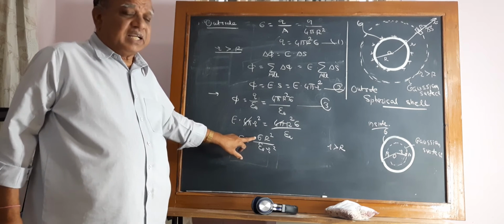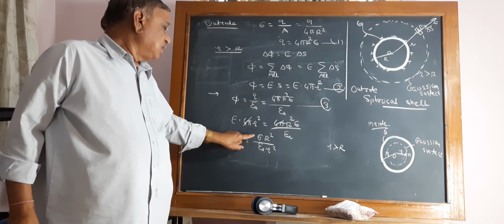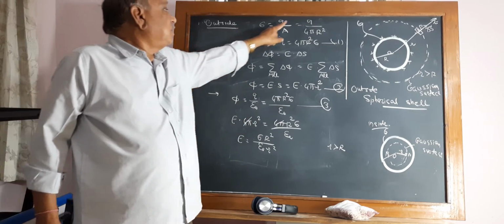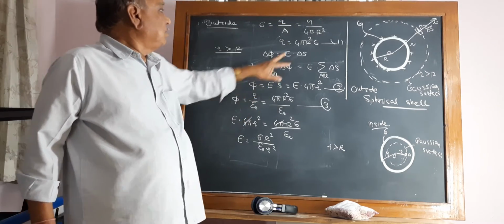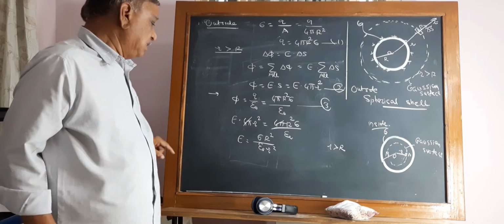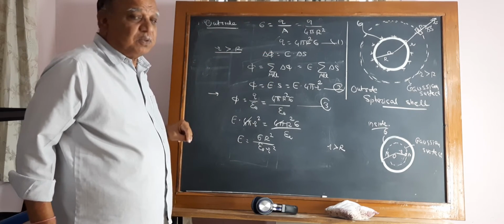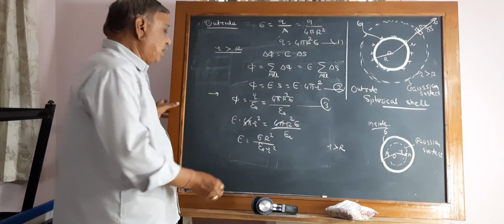But we can also write it in terms of charge. Sigma equal to Q by 4 pi R square.